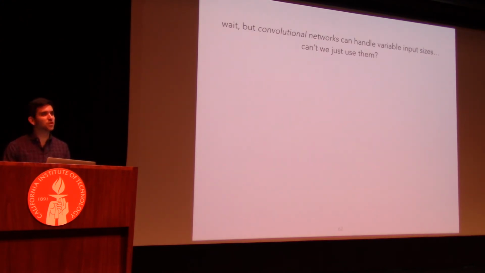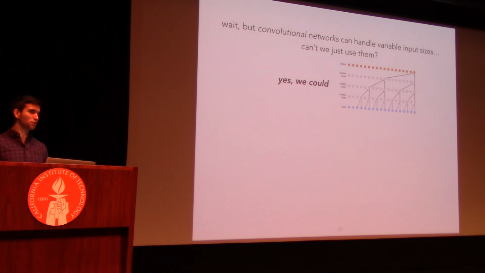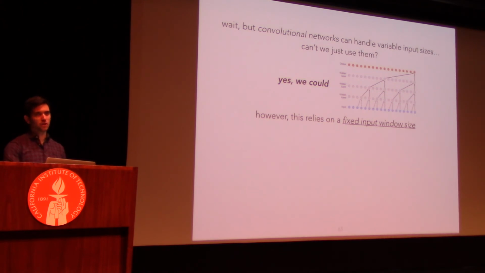So you might be sitting there thinking, well, okay, we just talked about how convolutional neural networks can operate on any input size, so why don't we just use them? And as we saw, yes, you actually could use convolutional neural networks here, but you have a fixed input window size. So you're only able to look over a certain set of features.